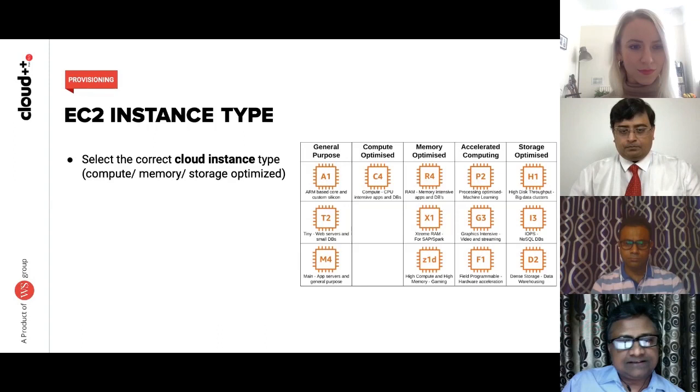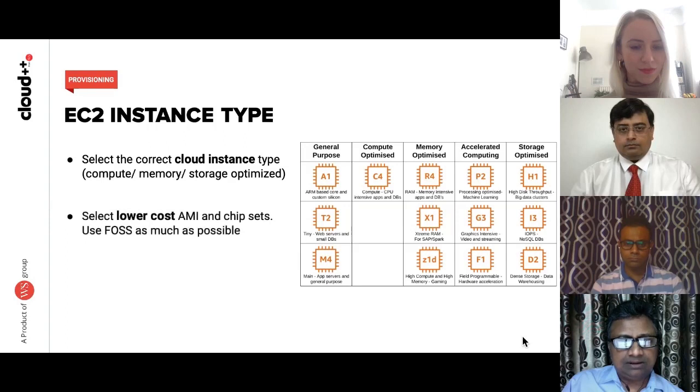And at the same time, when you create an instance, you need to select some AMI. AMIs are, you can say, a kind of software stack. That is also something you need to take care of, because free and open source software makes for much cheaper instances with open source AMIs.